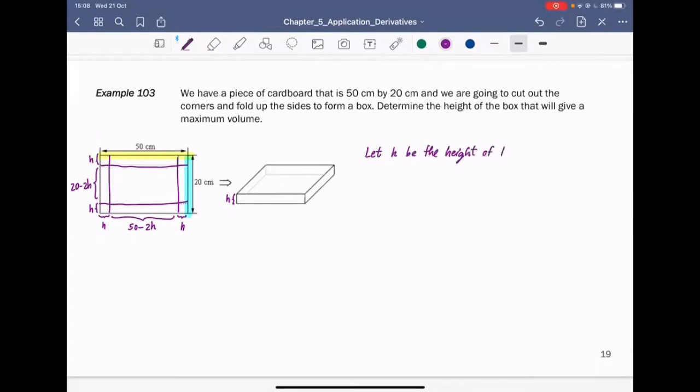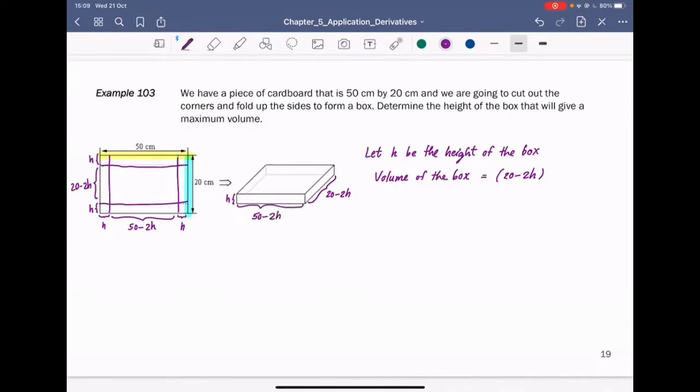So we start the problem by letting h be the height of the box. The volume of the box is going to be width, which is 20 minus 2h, and length, which is 50 minus 2h.